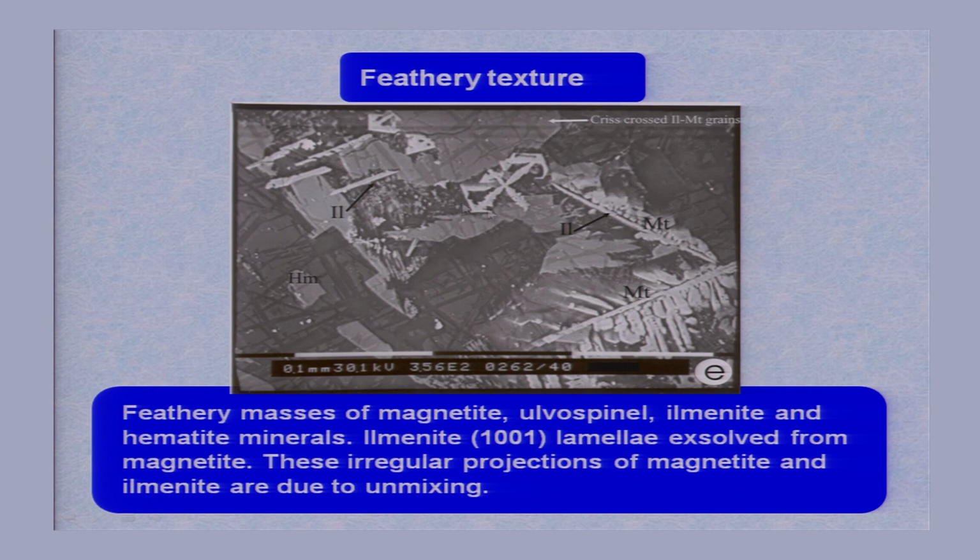If you find this kind of feature in any unknown rock, you can easily predict that unmixing has taken place between two minerals, ilmenite and magnetite, at the time of cooling of the rocks. So, this is a very interesting texture which gives an idea about the processes.